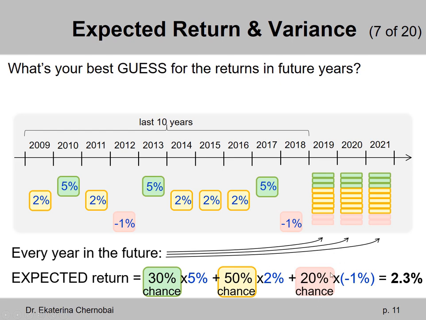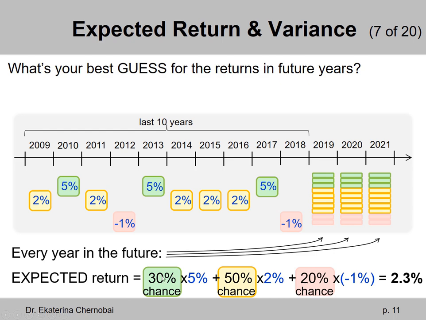And then we add the product of the chance of losing 1% and a negative 1% return. So 30% times 5% plus 50% times 2% plus 20% times negative 1%. And that equals 2.3%. That's our expected return for year 2019, and you can say that's also what you expect in the couple of years after 2019.